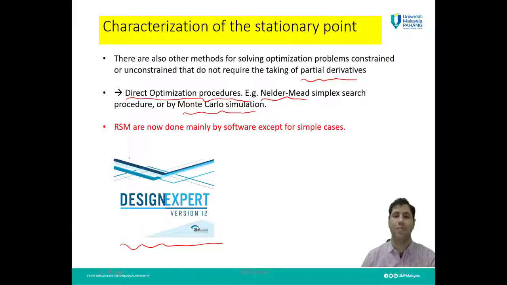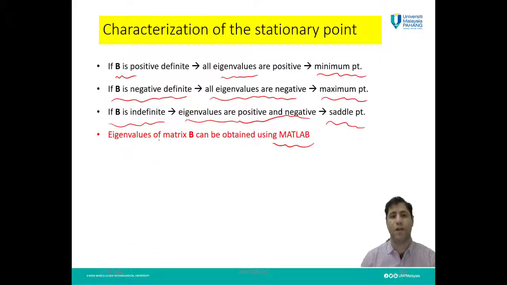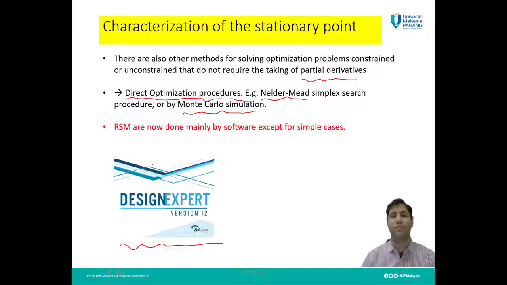Then the optimization process is only finding a stationary point for that second order model, for which we have different methods. One method I've introduced here uses the eigenvalues and partial derivatives in terms of each one of those factors or x's.